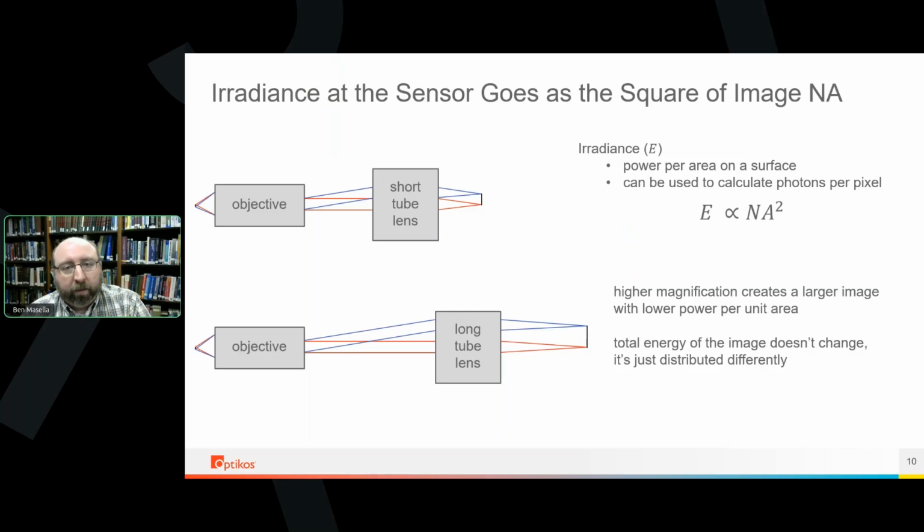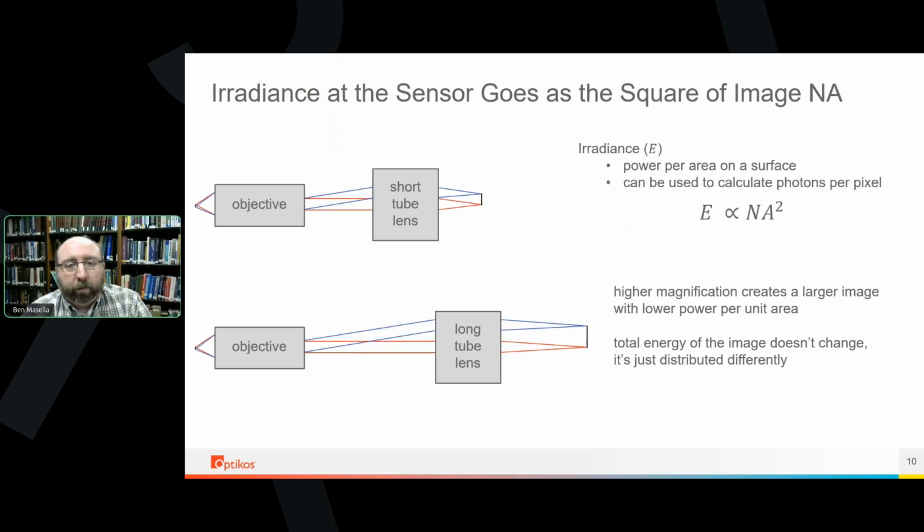So for a higher magnification of the system, given a fixed numerical aperture on the objective side, you're going to have a larger image and a smaller NA, which means the light is going to be distributed over a larger area. So this effectively doesn't change the amount of power delivered to the image, it just changes how it's distributed.